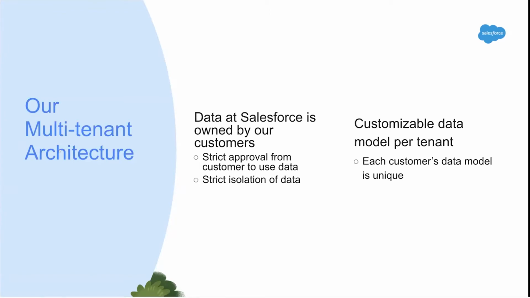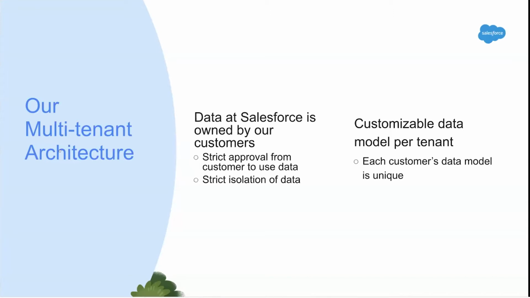First, being multi-tenant means that data in Salesforce is owned by our customers. And we're the operators, we're the processors, we're not the owner. This also means that we need a strict approval process from our customer in order to use it. It's not just saying that, hey, because the data is there, we can just easily get access to it.